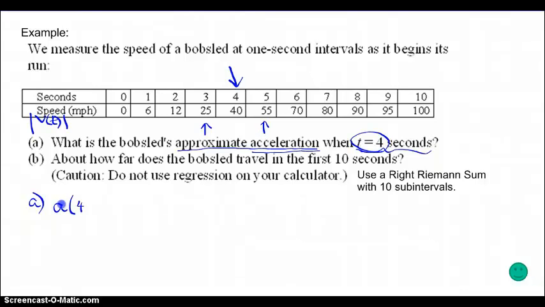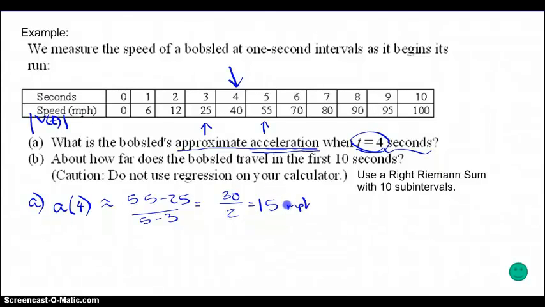So the acceleration at 4 is approximately the difference in the outputs on either side over the difference in the inputs. 30 over 2. So 15, and we have units. We have miles per hour and we have seconds. Acceleration is miles per hour per second squared.